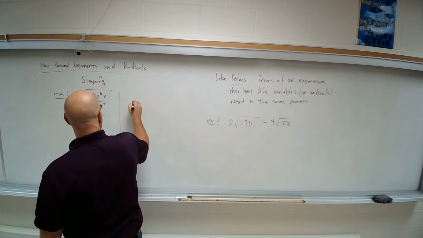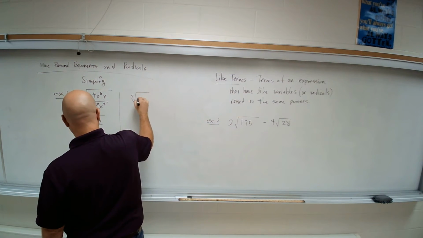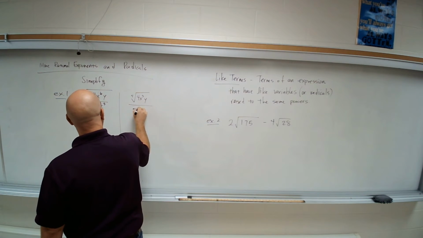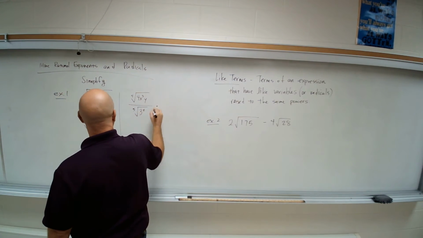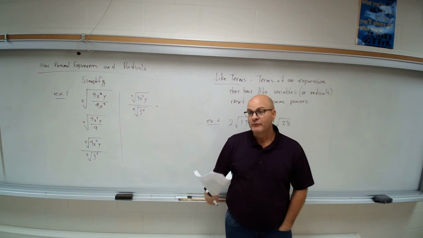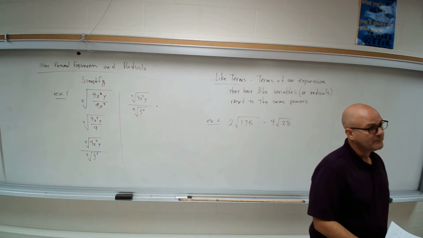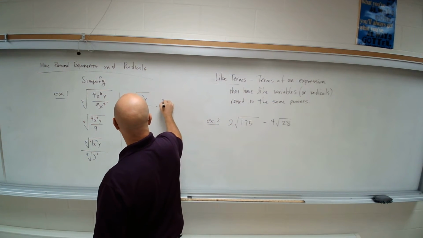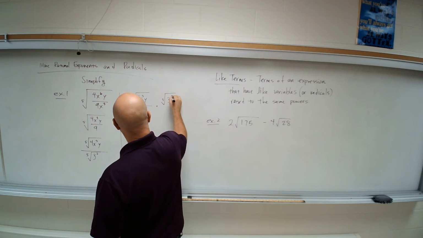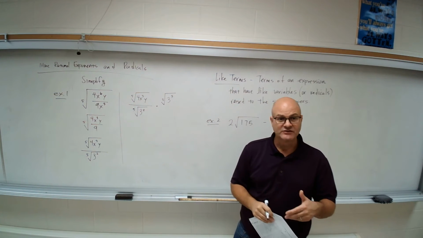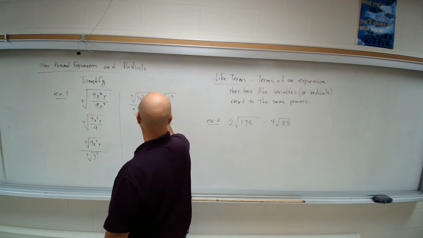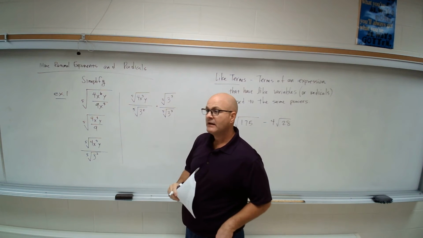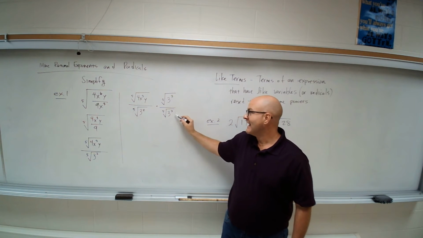So here we get the fifth root of 4x cubed y over the fifth root of 3 squared, and because we want 3 to the fifth underneath that fifth root, we're going to multiply the numerator and denominator by the fifth root of 3 cubed, because 3 plus 2 is 5. Again, we needed this down here.